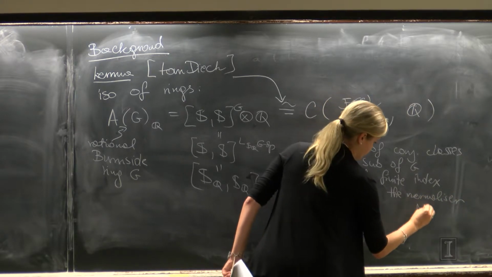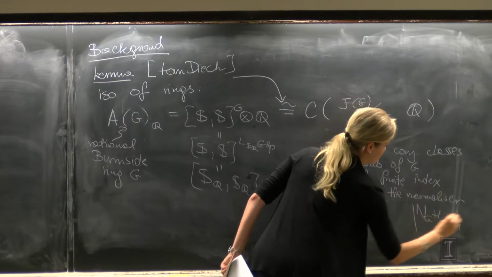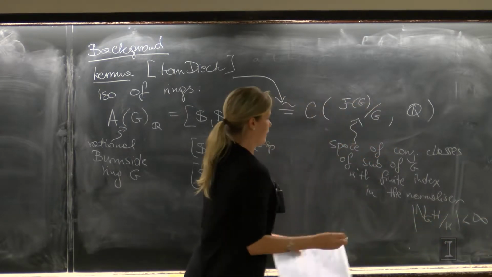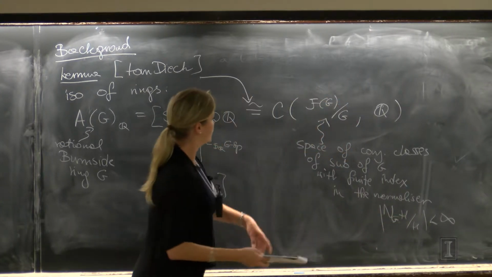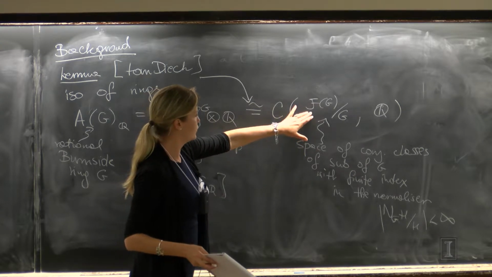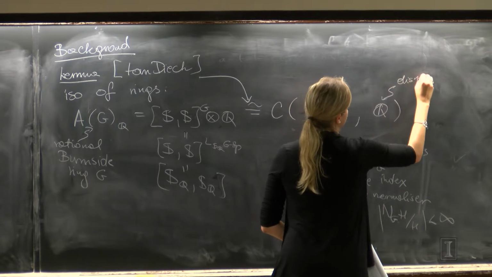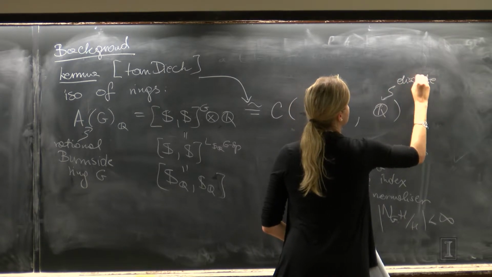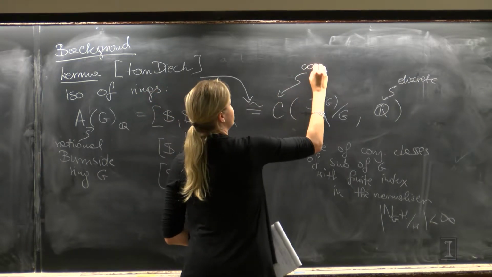That means if I take the normalizer of the subgroup mod the subgroup, I want this to be finite. The topology is the quotient topology of the Hausdorff topology in here. This Q is with discrete topology. And here, I mean continuous functions.